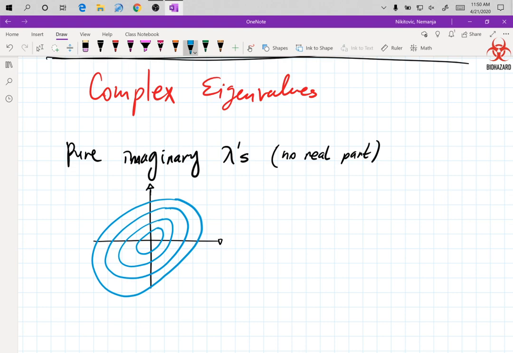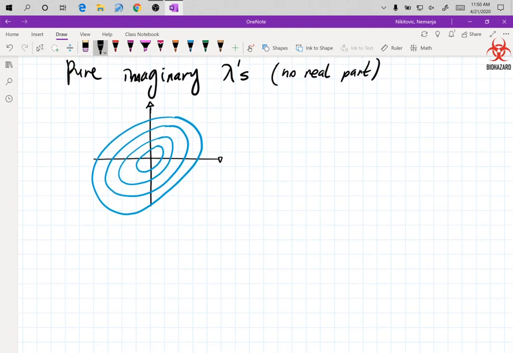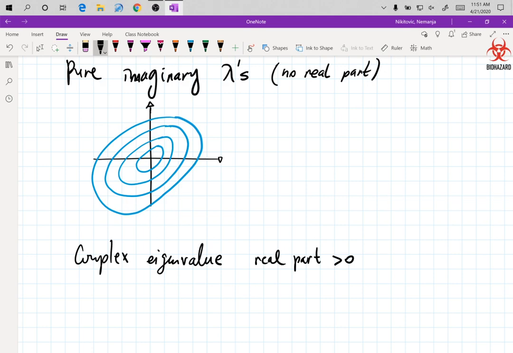And then we have complex eigenvalues with positive and with negative real part. So this is complex eigenvalue, real part larger than 0.